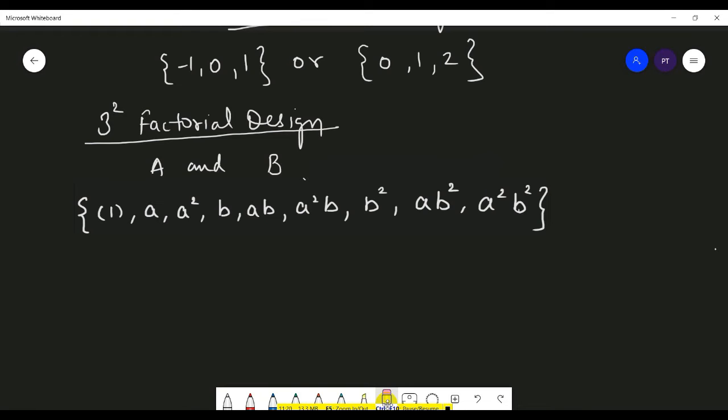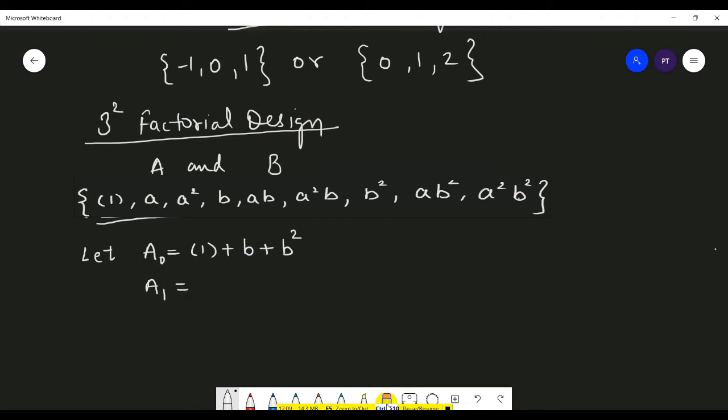Before computing the linear and quadratic effect of these factors, let us introduce some notations. Let A0 be the sum of all those observations at which factor A was at low level. So this is actually equal to the sum of 1 plus b plus b square.